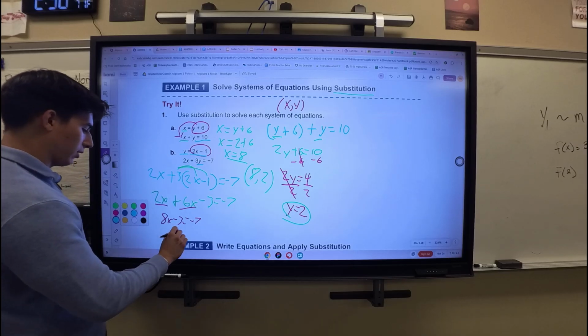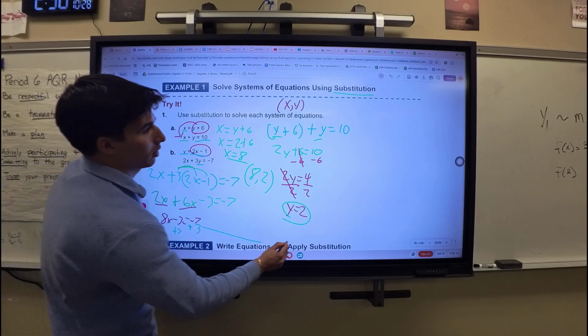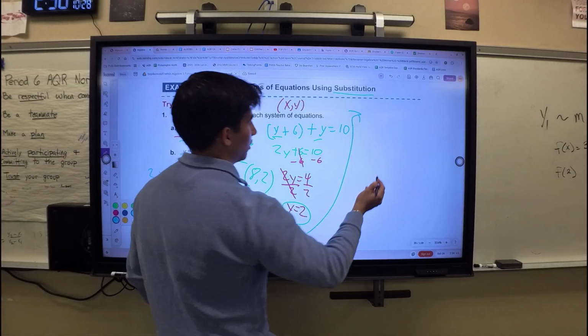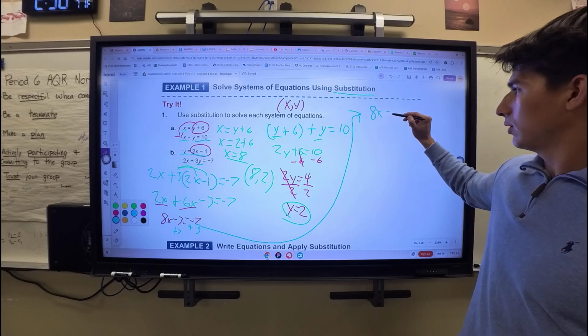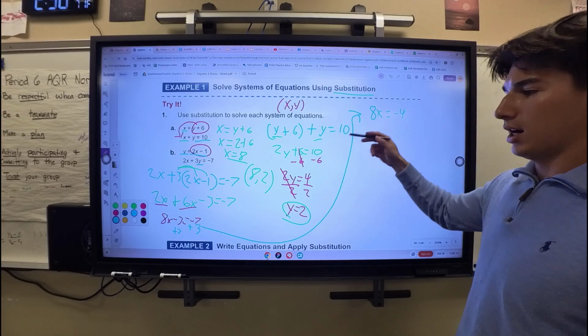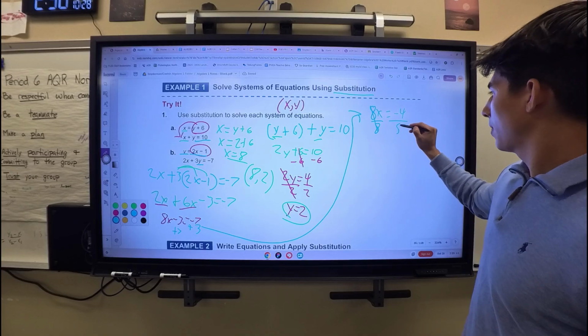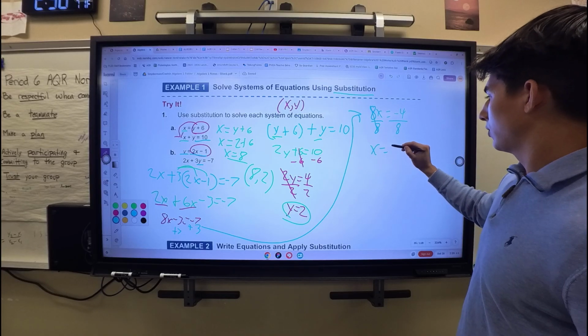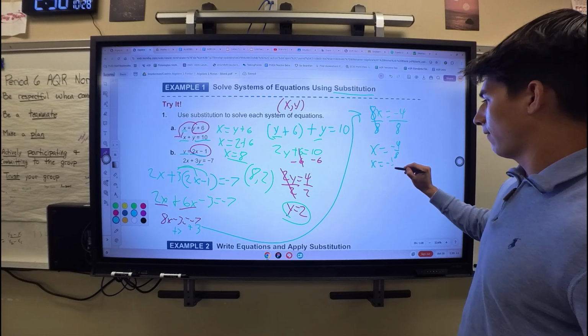First, add 3 to both sides. So now we got 8x equals negative 4 because we added 3. Now we're dividing by 8. So x equals negative 4/8, or x equals negative 1/2.